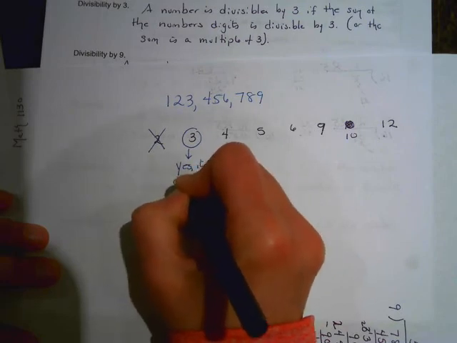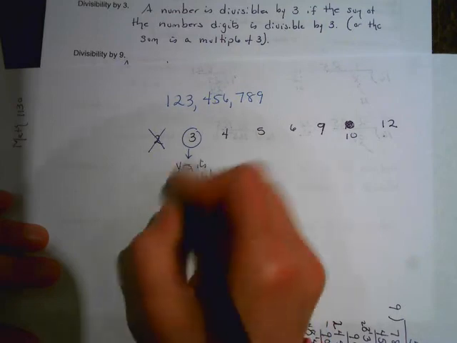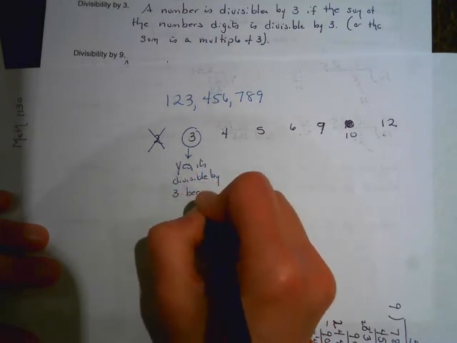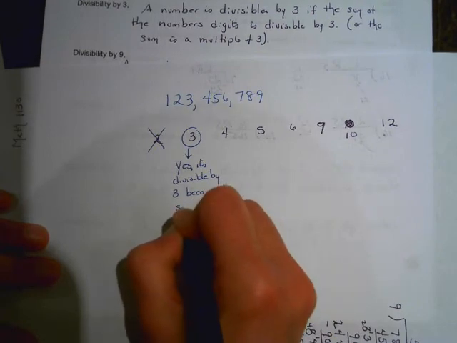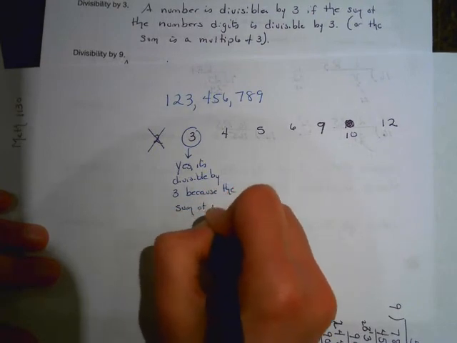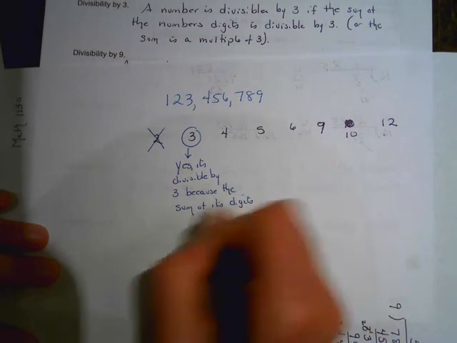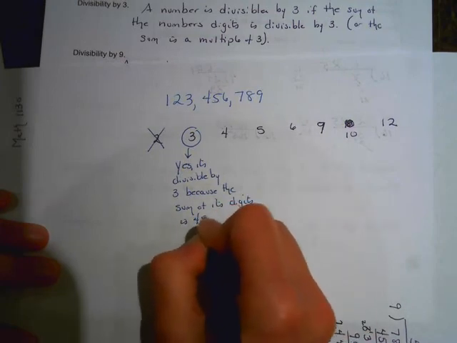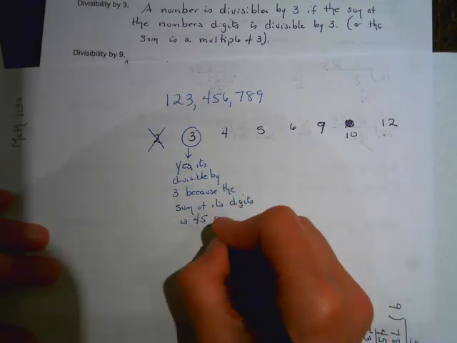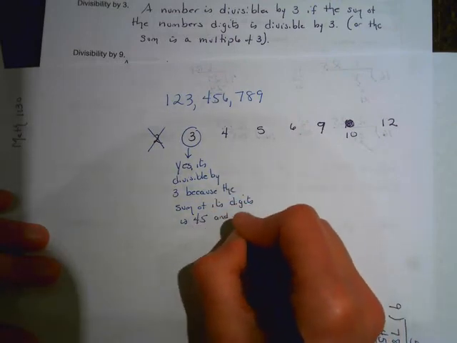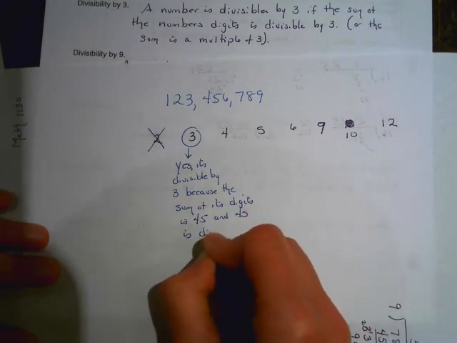It's divisible by 3 because the sum of its digits is 45, and 45 is divisible by 3.